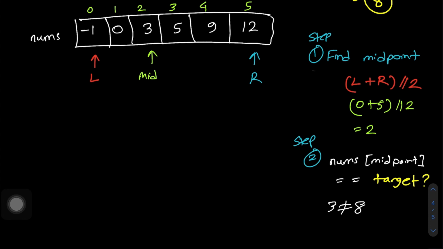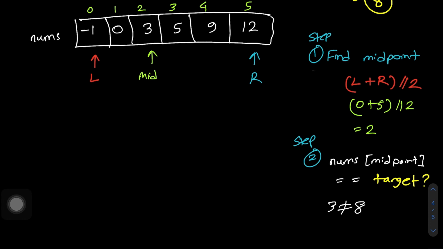Our search space was between the left pointer and right pointer, and we take the middle value of them. The idea is that the middle point of the two pointers is where we search for the value. As we have not found it, we will change one of the pointers. The natural question is, which pointer should we change? Or should we change both of them, or how should we change them?